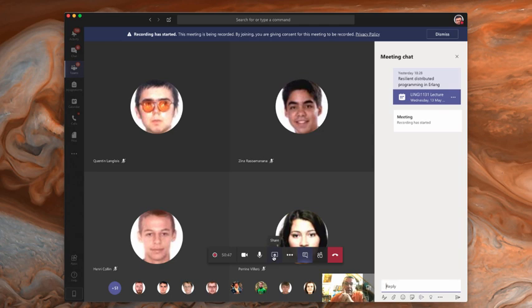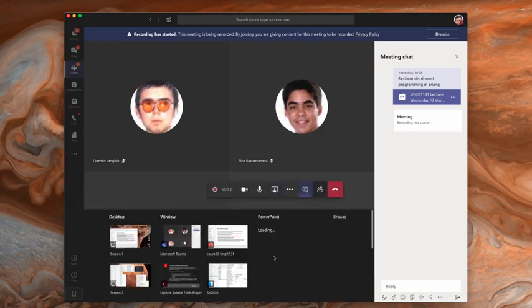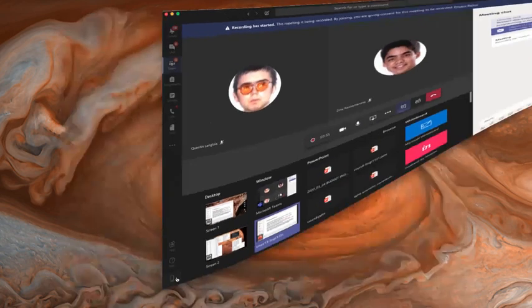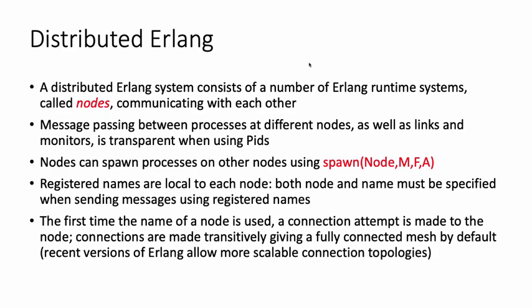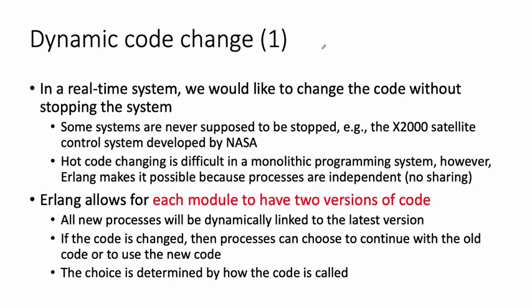There's one more basic concept I have to introduce, and then we have seen all the basic concepts of Erlang. This one is a very important one for long-lived systems. It is called dynamic code change, and this is because in real-time systems we would like to change the code without stopping the system.